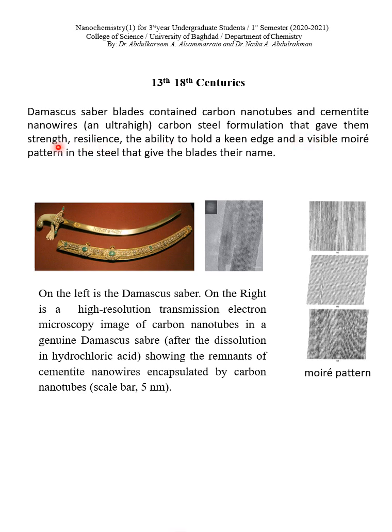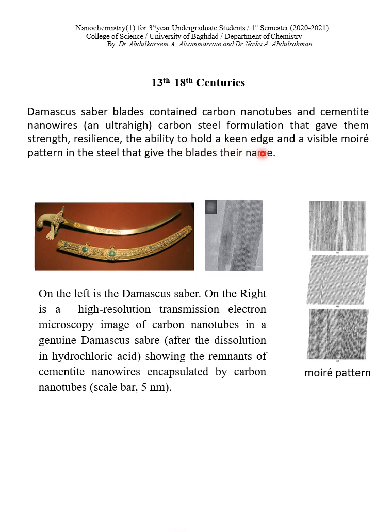So that gave them the strength القوة resilience يعني flexibility المرونة. طبعا المرونة اللي مقصودة إنه ما ينكسر بسهولة. The ability to hold a keen edge and a visible moire pattern. فإذا the ability to hold يعني بسبب هاي الصفات هو الإيدج مالته تكون sharp وتكون strong.